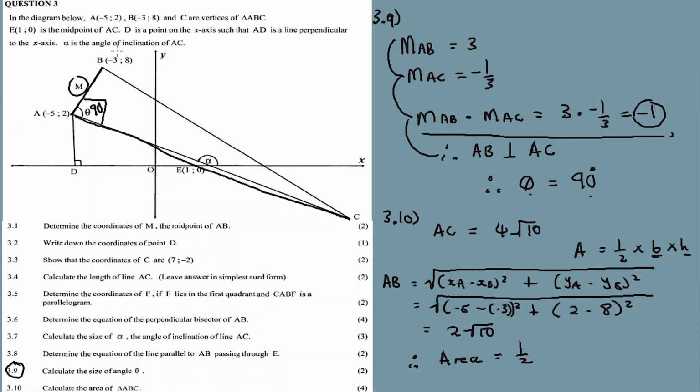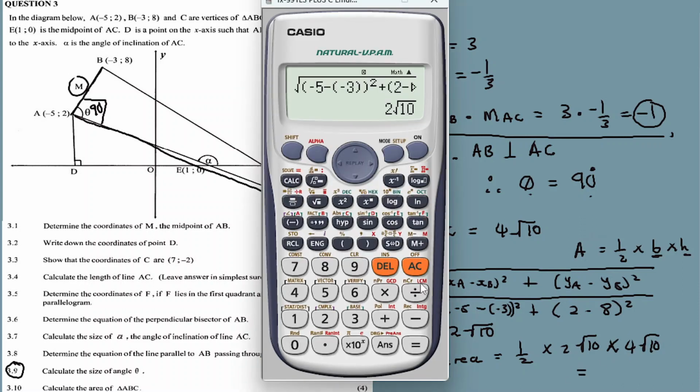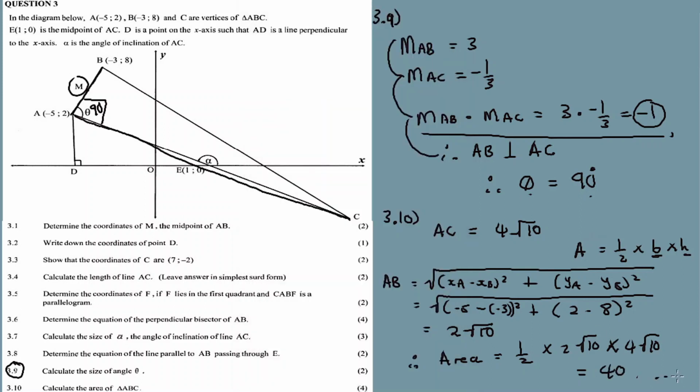The base yam nayo length AB, which is 2 square root 10 times the height yam ubani AC, which is 4 square root 10. The answer yethu bani. So sothi fraction uyangibambezela 2 10 times 4 square root 10. Nayi answer yethu. It's what? It's 40 square units, or units squared.